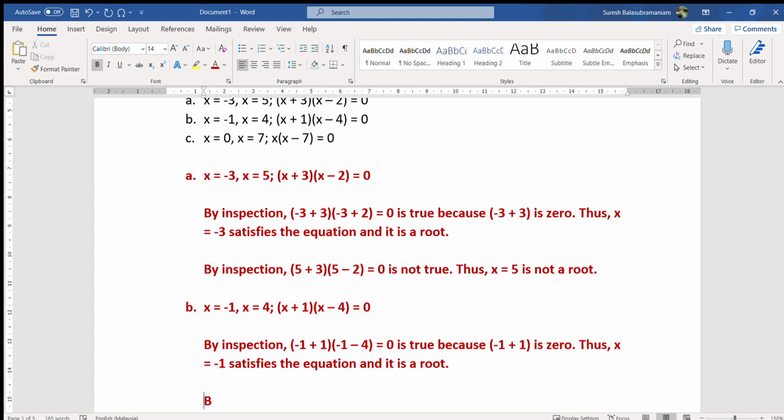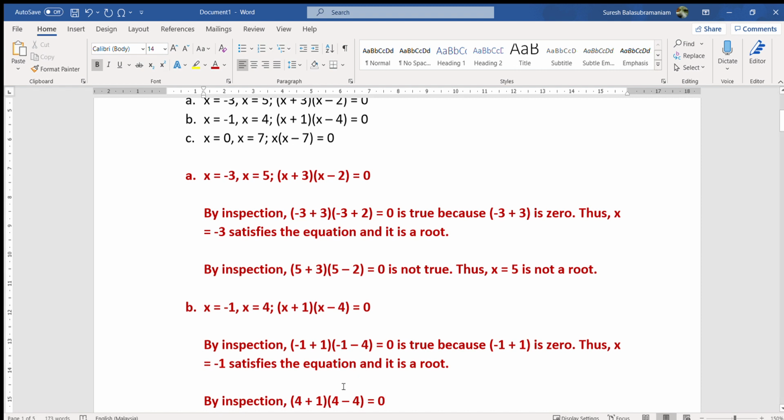x equals 4, so by inspection, replace x equals 4. You get (4 + 1)(4 - 4) = 0. Is this a root?